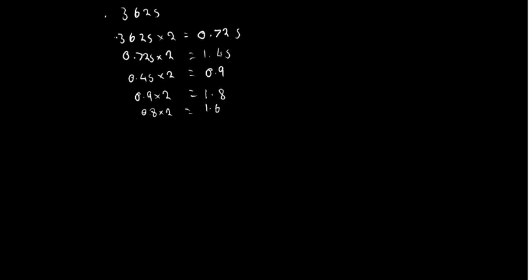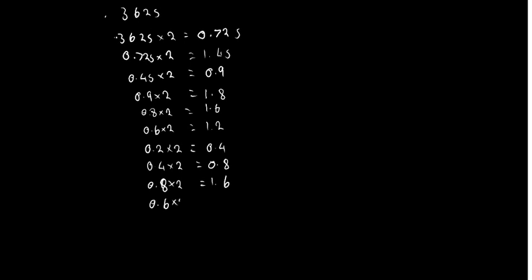Now, 0.6 times 2 is going to equal 1.2. 0.2 times 2 is going to be 0.4. 0.4 times 2 is equal to 0.8. 0.8 times 2 is equal to 1.6. 0.6 times 2 is equal to 1.2, and then it continues going like this.